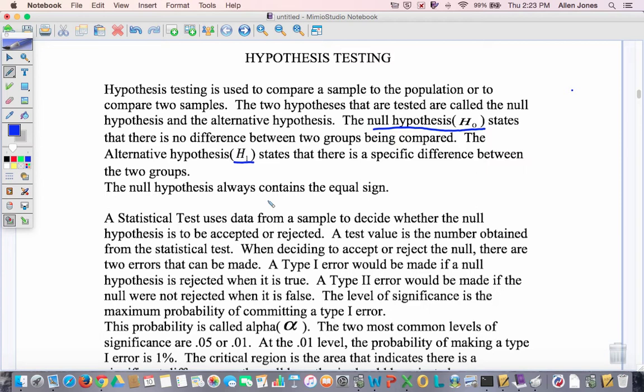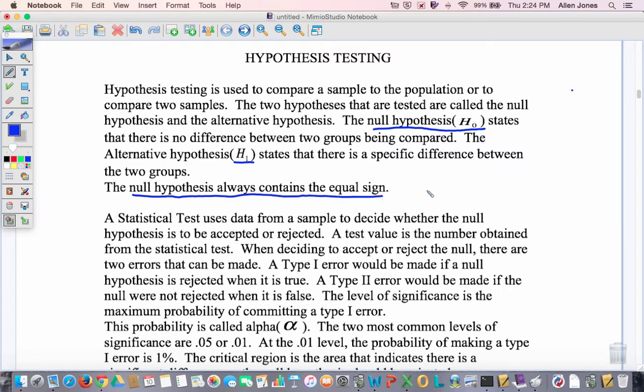So maybe I think the stats class has a better ACT score, so my alternative hypothesis says the stats class has a higher than average ACT score, and we would use our hypothesis testing process to evaluate or test that claim. One side note, very important: the null hypothesis always contains the equal to sign.